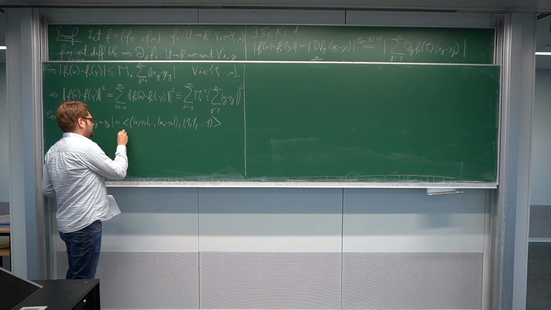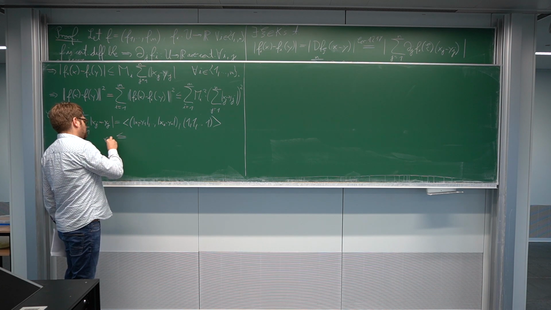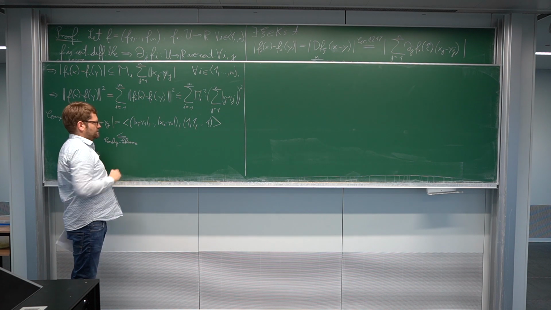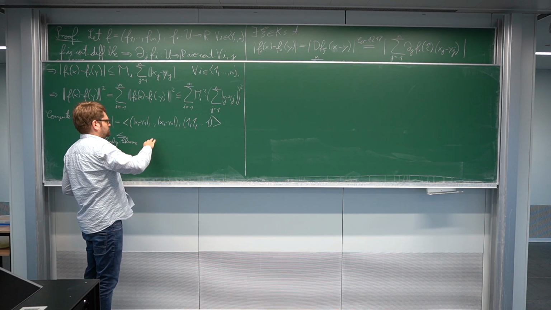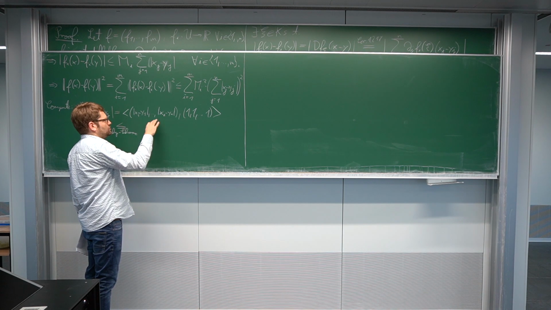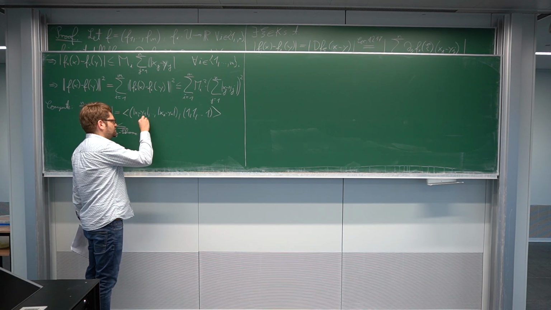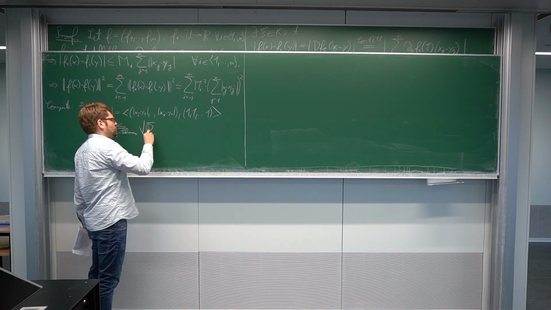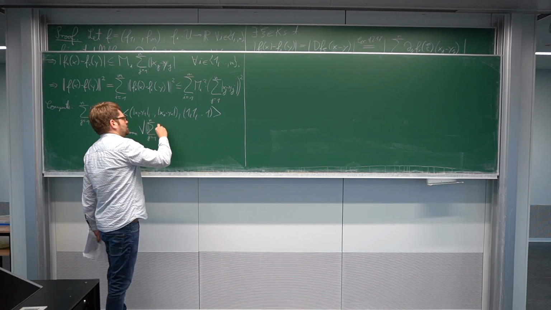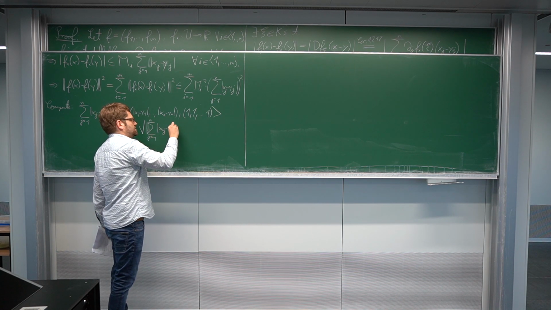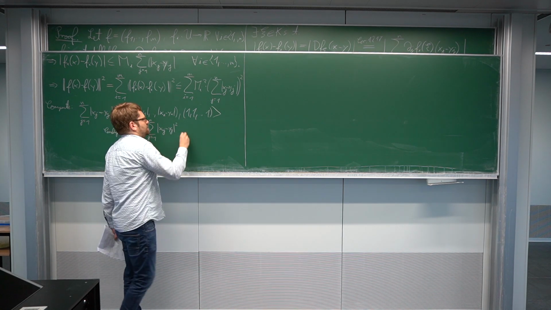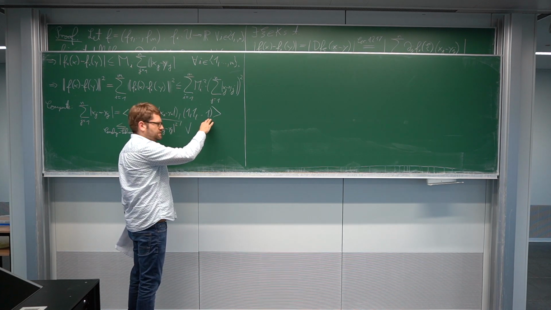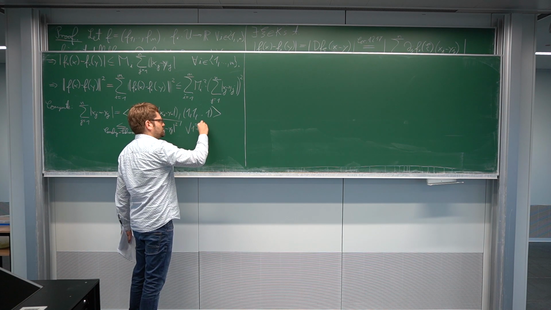Why am I doing this? We can use the Cauchy-Schwarz inequality for this. Namely, this yields that this is smaller than or equal to the Euclidean norm of this, which is given by the square root of the sum from j equals 1 to n of xj minus yj squared, times the Euclidean norm of the vector of ones, and this is the square root of 1 squared plus 1 squared and so on.